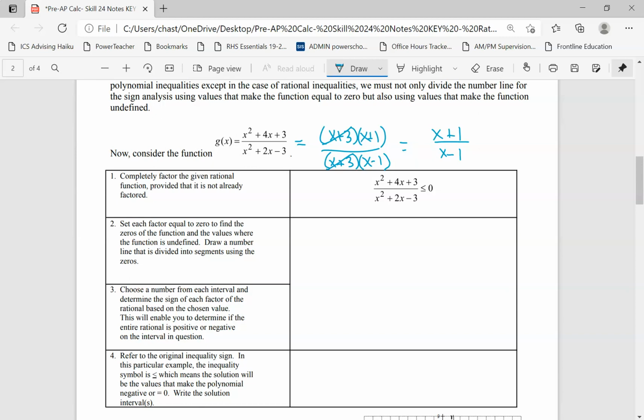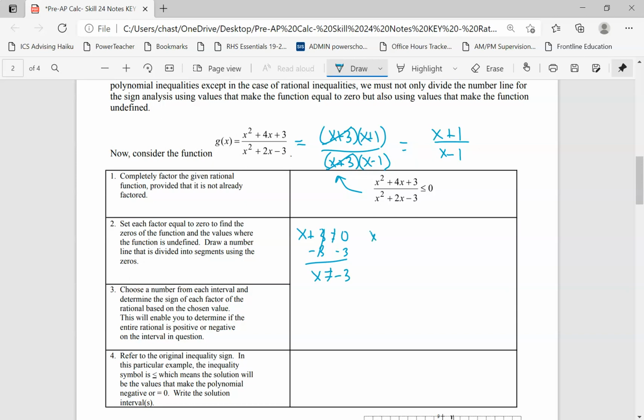Well, we already factored it above. We're going to set each factor equal to 0 to find the zeros. So x + 3 equals 0. Actually, we know it can't be equal to 0, so x can't be negative 3.